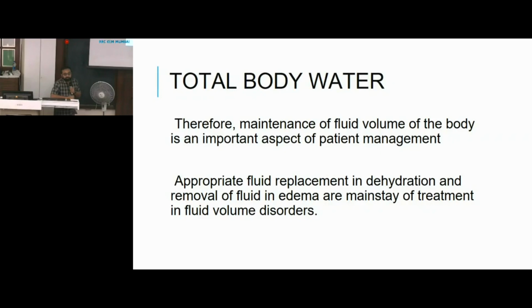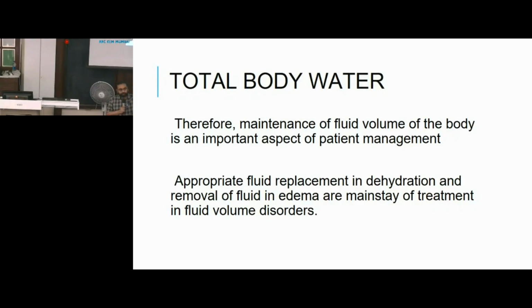Edema means what? Swelling because of the accumulation of fluid. Fluid means what here? Water. What is the nature of water? The human body is made up of water only. So suppose this is a human body.